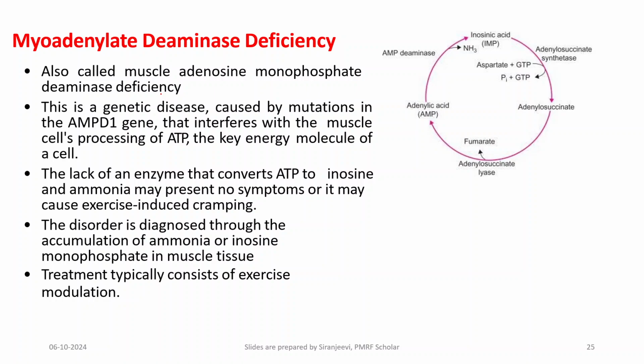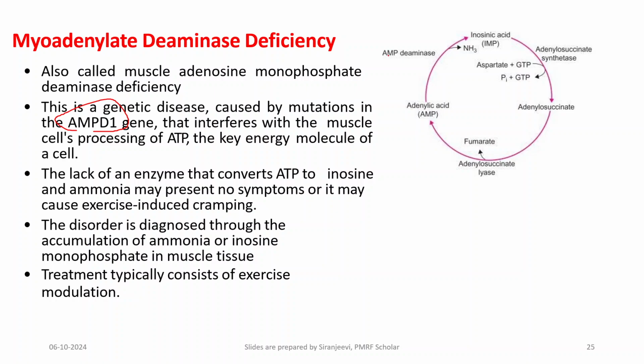This genetic disorder is caused by a mutation in the gene AMPD1. So that interferes with the muscle cells' processing of ATP, the key energy molecule of a cell. So due to the lack of this enzyme that converts AMP to IMP and then ammonia, patients may present no symptoms, or it may cause exercise-induced cramping in the patients.